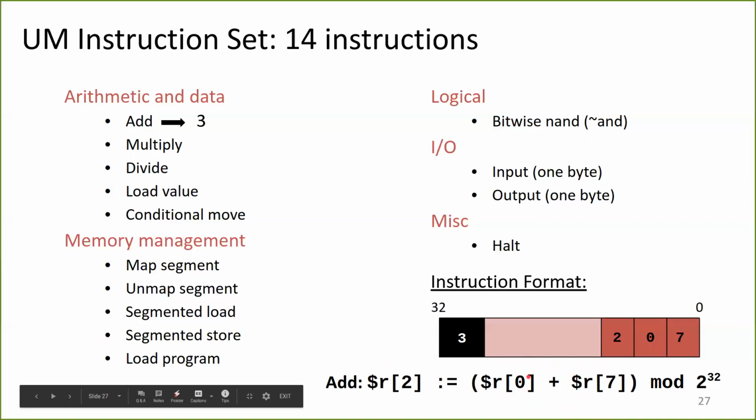So you use the contents of register 0, add those to the contents of register 7, mod the result by 2 to the 32nd, and store the resulting bits in register 2.